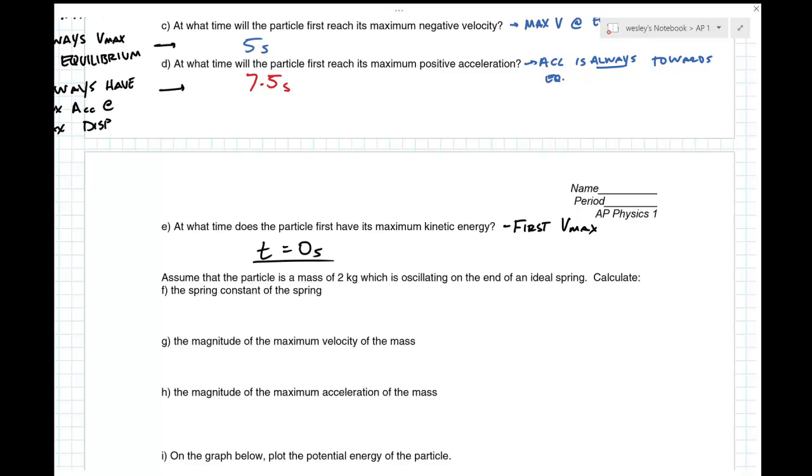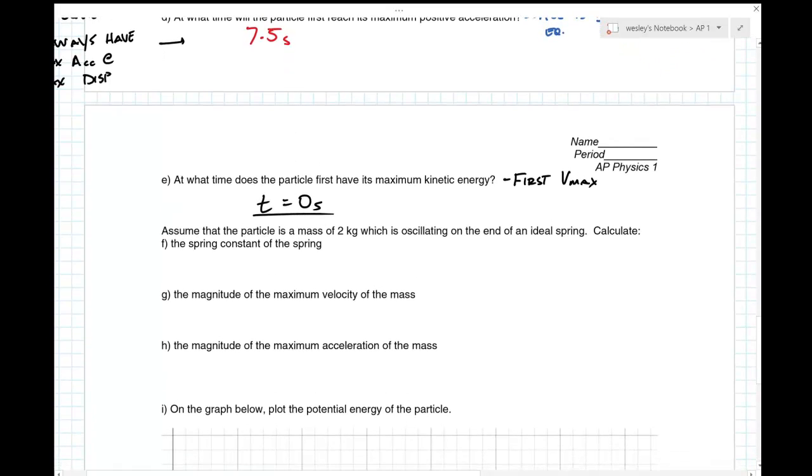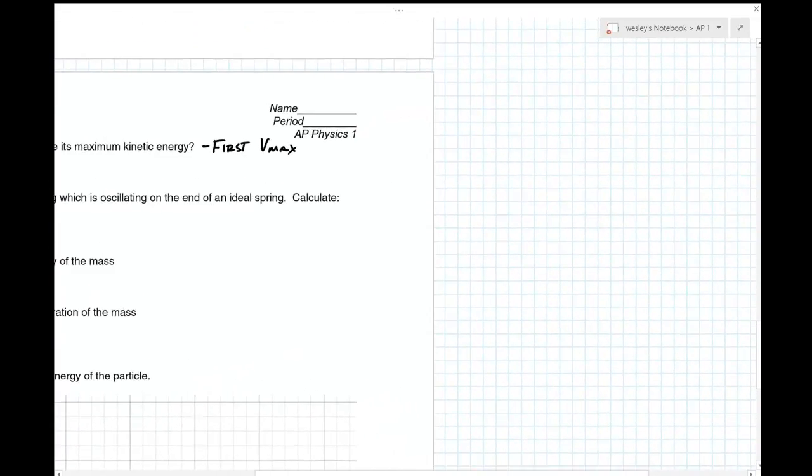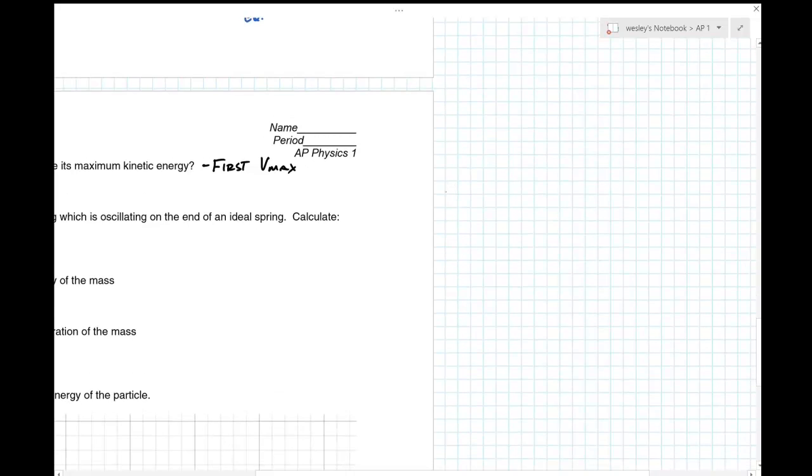It's a mass of 2 kilograms oscillating on the end of an ideal spring. So we need to find the spring constant. So for part F, if we're finding the spring constant, we know the period is 2 pi times the square root of the mass of the object divided by the spring constant. We have to square both sides. We get 4 pi squared m over k.